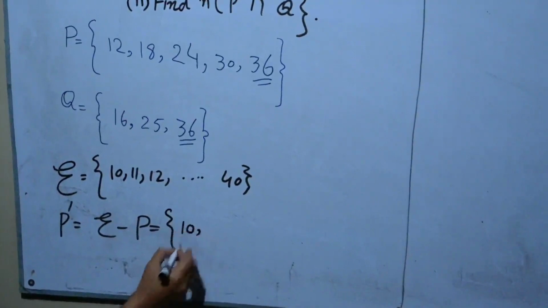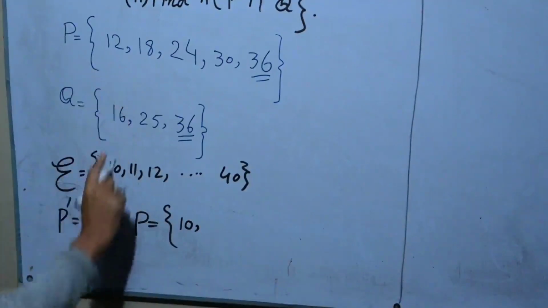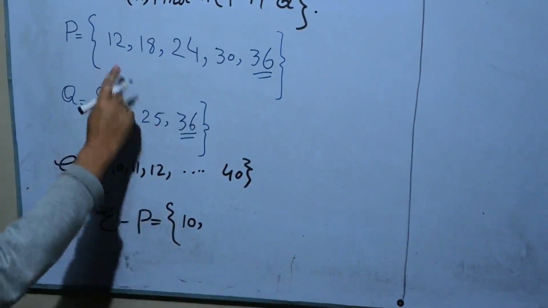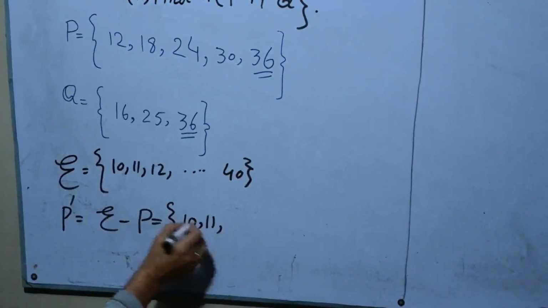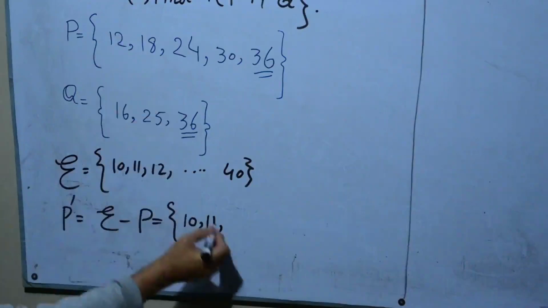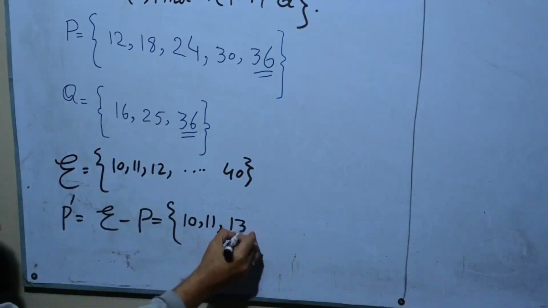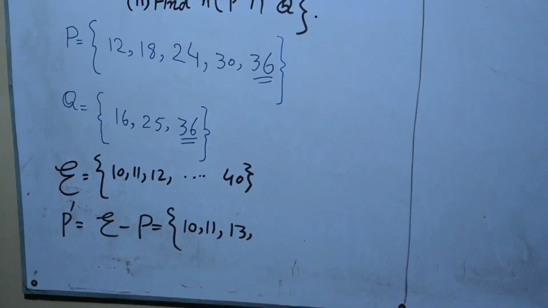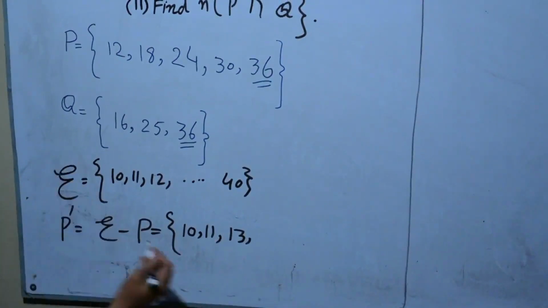11 is in the universal set, 11 is not in P, so 11 will be here. 12 is in P, so 12 will not be included. Then 13. So all the elements between 10 and 40 except the multiples of 6.